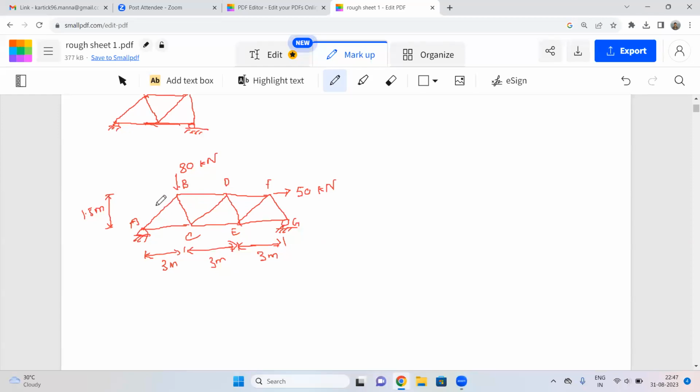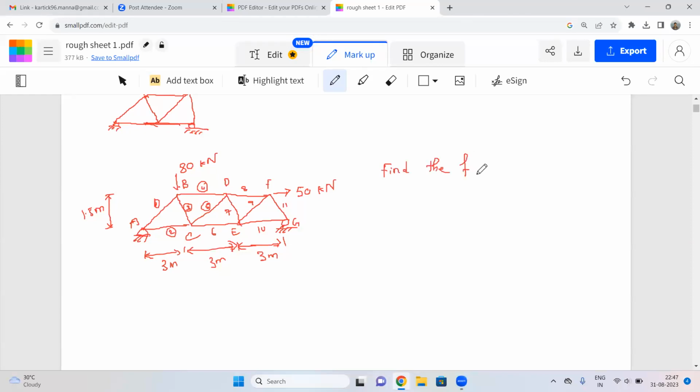Like this one is element one, this one is element two, here element three, element four. In this way, total 11 elements. We need to find the forces on these elements, and also check if the forces are in compression or tension.